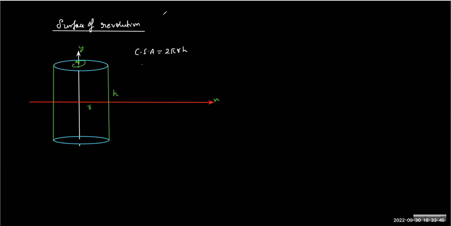Because I can take a strip. So the general method is you take a strip, and this strip I am taking from y to dy.